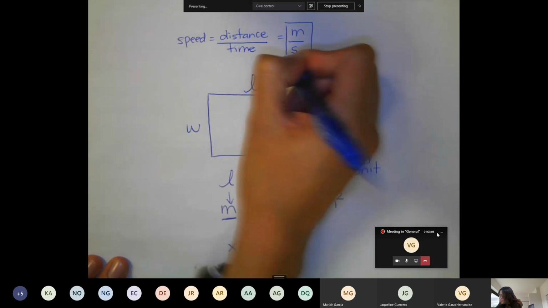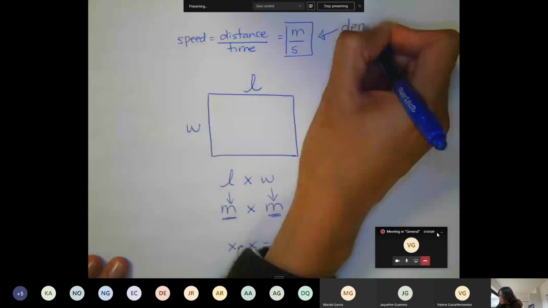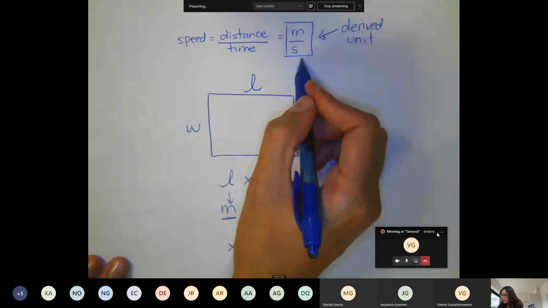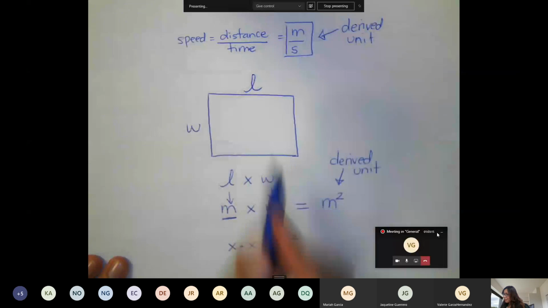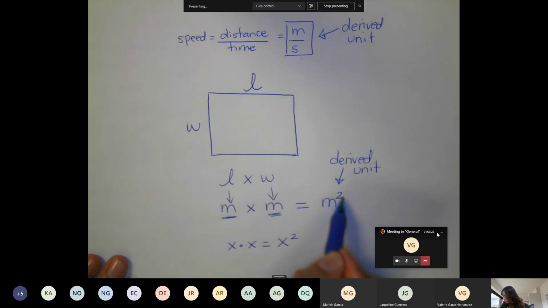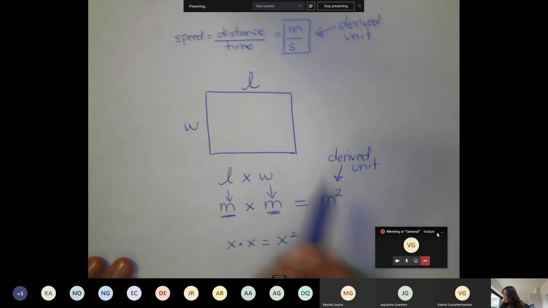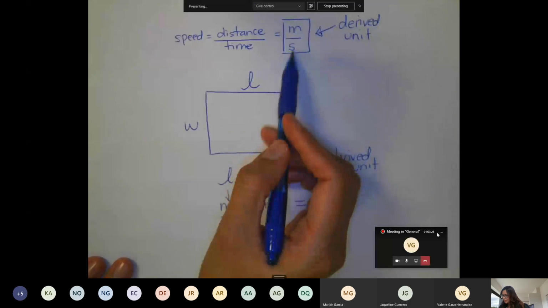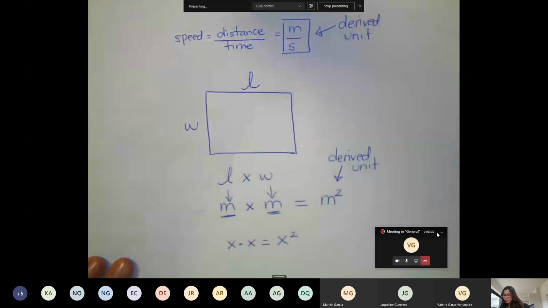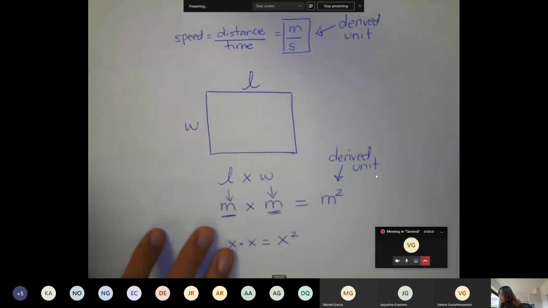This is another example of a derived unit because it's a combination of meters and seconds. So yes, it can be the same unit, like meters times meters, which gave meters squared, or it can be different units like meters and seconds. As soon as you have two different ones here, it's also a derived unit. Any questions here? Let me give you another example.